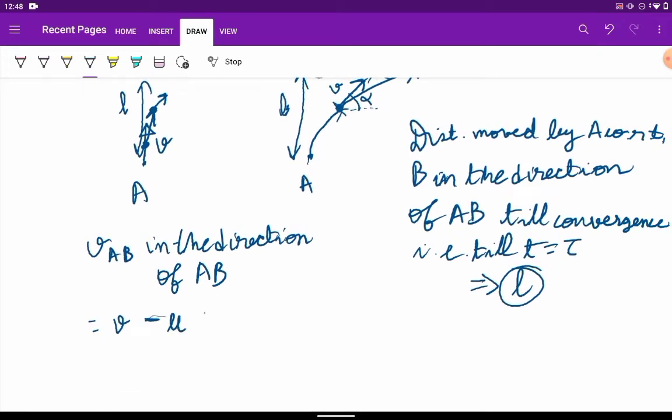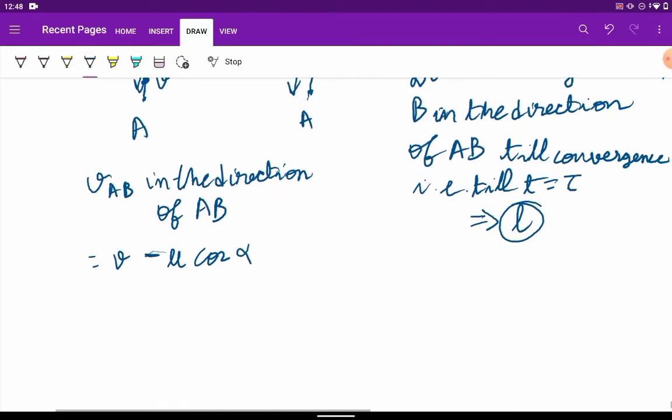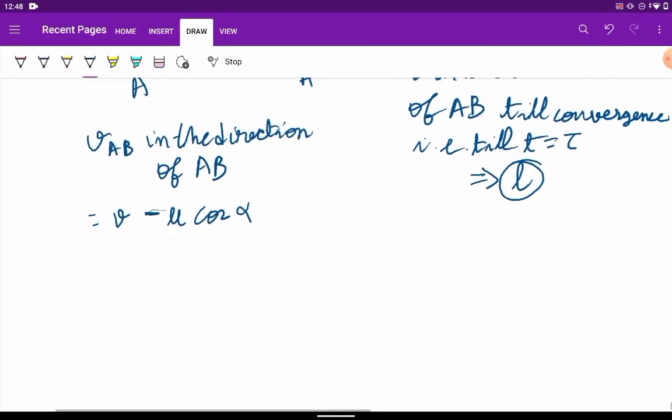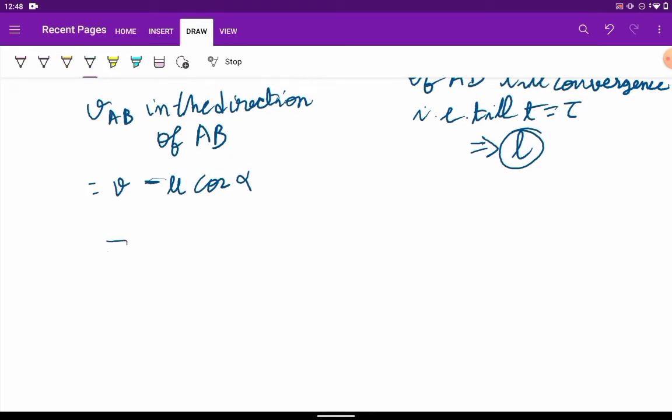And this alpha keeps changing with time.